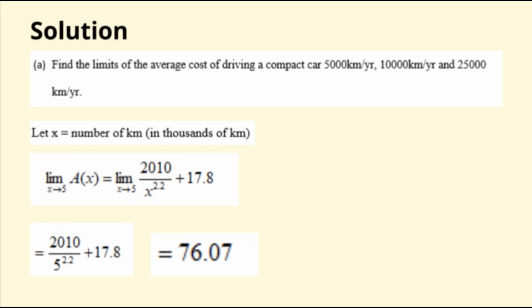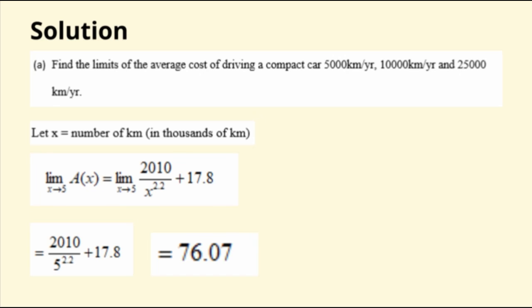To get the solution of question A, let x be the number of kilometers in thousands of kilometers. Limit as x approaches 5 of A of x equals limit as x approaches 5 of 2010 divided by x to the power of 2.2, plus 17.8.